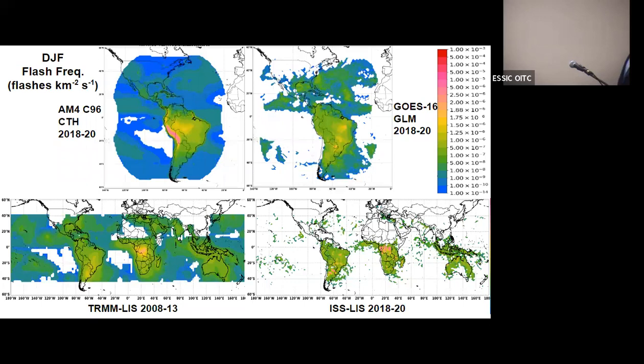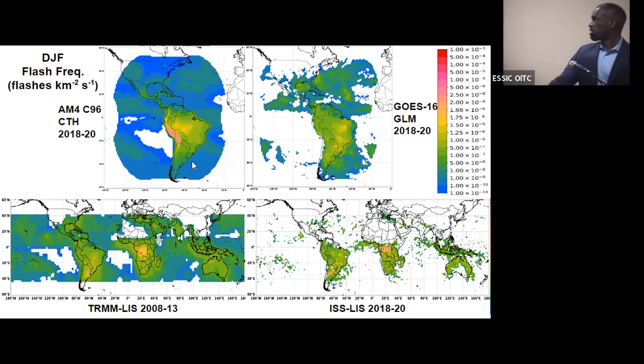So we've used cloud top height. This is the flash frequency, in flashes per kilometer squared per second, and my color bar here is 10 to the minus 14 to 10 to the minus 3 flashes per kilometer squared per second.